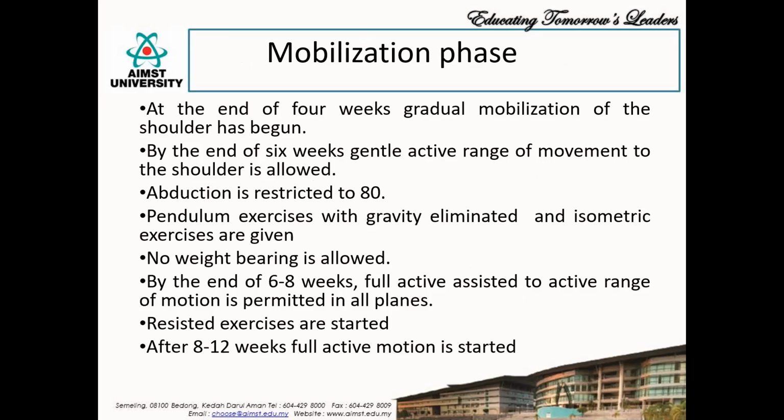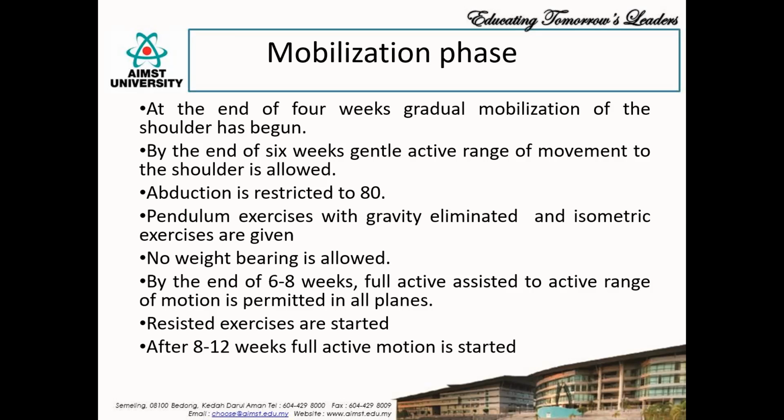So mobilization phase. At the end of 4 weeks, the gradual mobilization of the shoulder should be started. The first week, no movement. Second to third week, pendular and isometrics to the deltoid. And then at the end of the fourth week, you can start the gradual mobilization. Gradual mobilization means active is always beneficial.